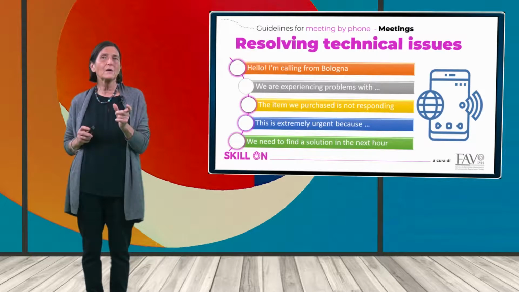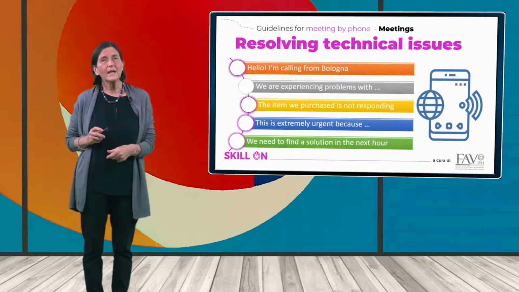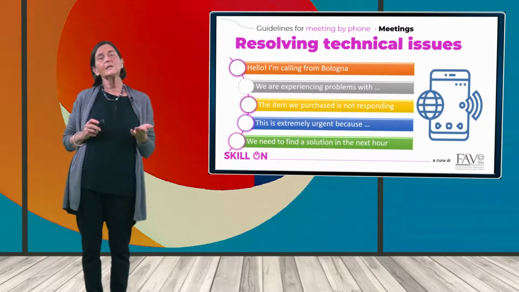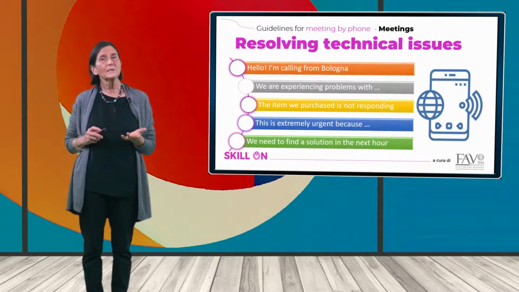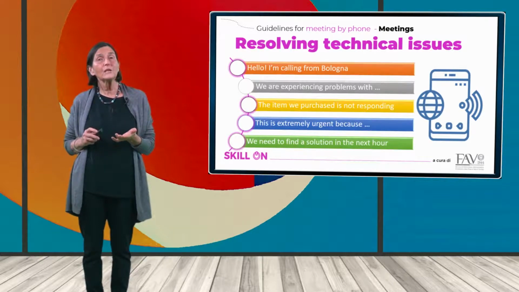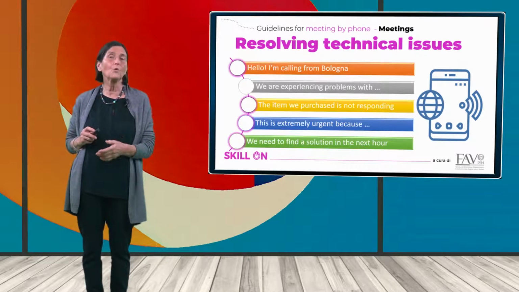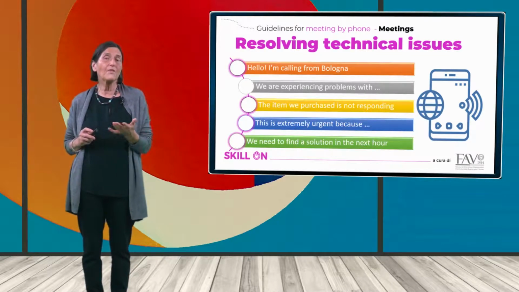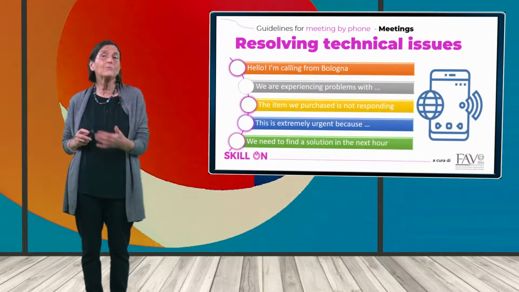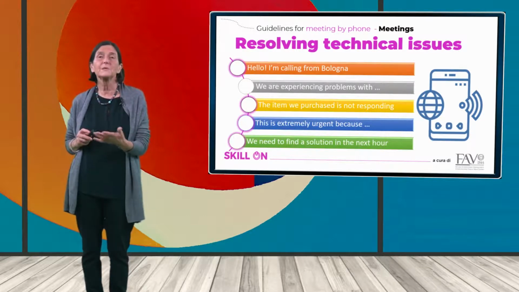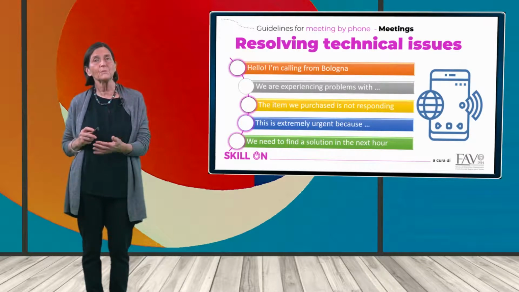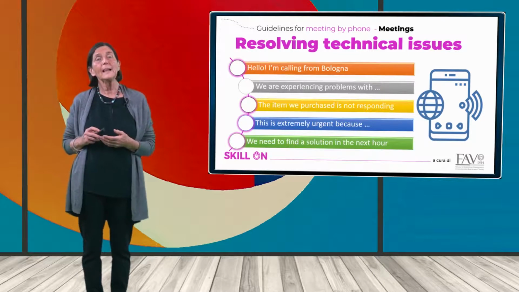So you specify what the problem is. Then you can underline the urgency of the situation with an expression like, this is extremely urgent because we have an important meeting this afternoon, or because we have 1,000 people unable to do a particular job because of this problem. So you underline the urgency.